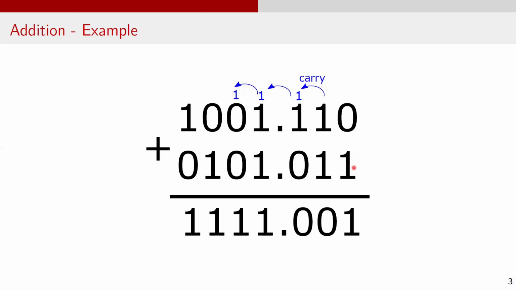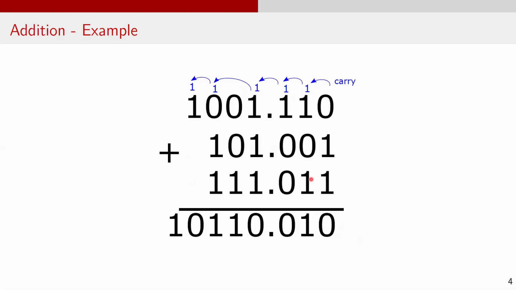Here, 0 plus 1 gives 1. 1 plus 1 gives 0 with a carry of 1. 1 plus 1 is 0 and a carry of 1. 1 plus 1 plus 1 is sum 1 and a carry of 1. 1, 0 and 0 give sum of 1. 0, 1 is 1 and 1, 0 is 1. So 1111.001 is the summation of these two binary numbers.